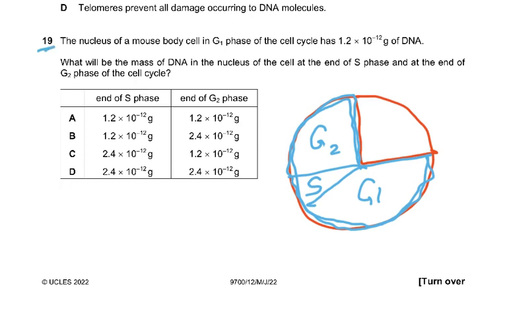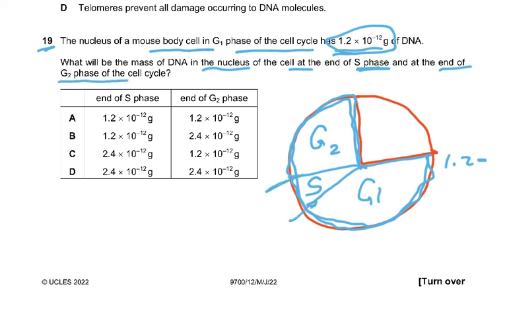Now coming to question 19, the nucleus of a mouse body cell in G1 phase has 1.2 into 10 raised to the power minus 12 grams of DNA at this point. Now, what will be the mass of DNA in the nucleus of the cell at the end of S phase and at the end of G2 phase? So S phase is what? S phase is when DNA replication takes place.